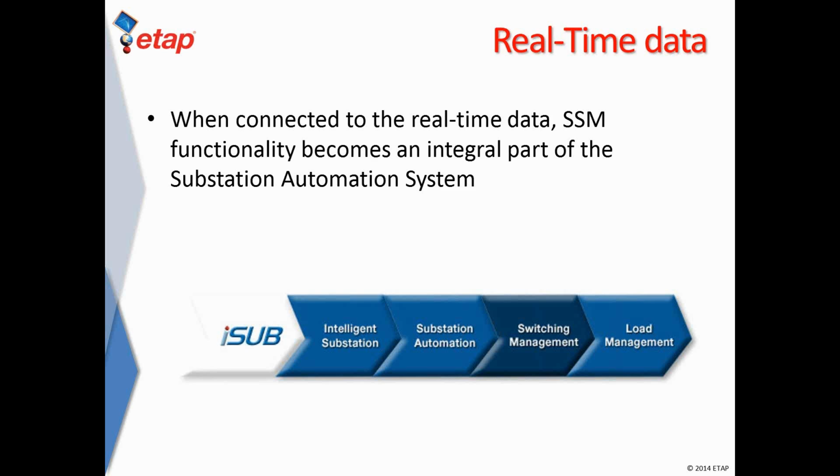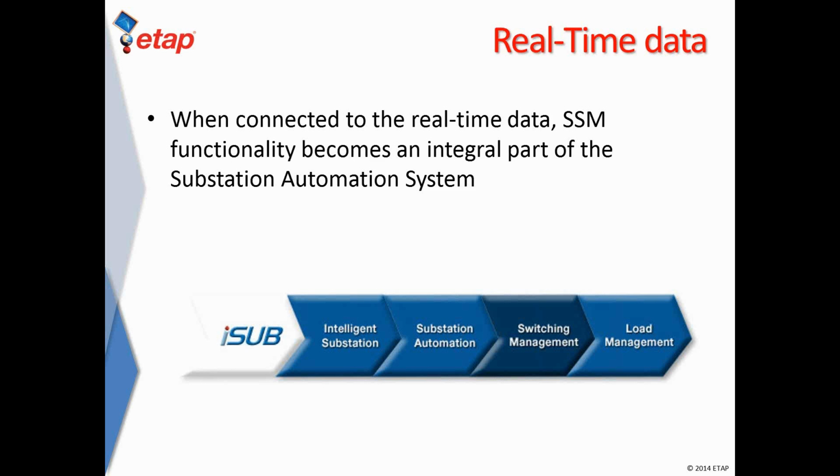However, once your system has been commissioned and the design phase is over, you could take your one-line diagram, connect it to your ETAP real-time module and have it populate real-time data from your existing meters.